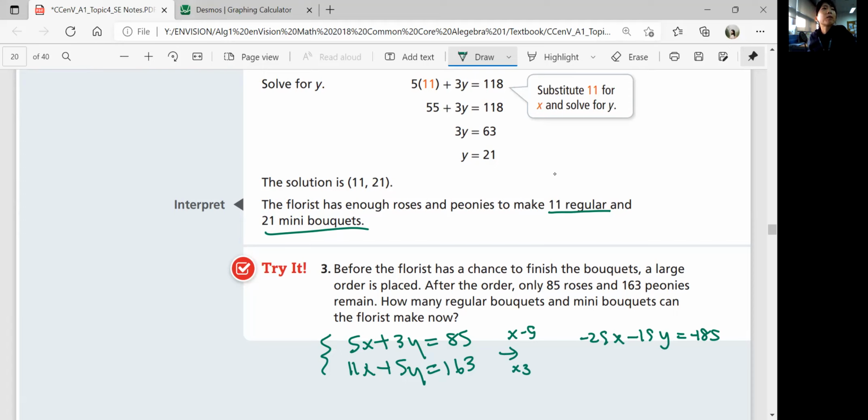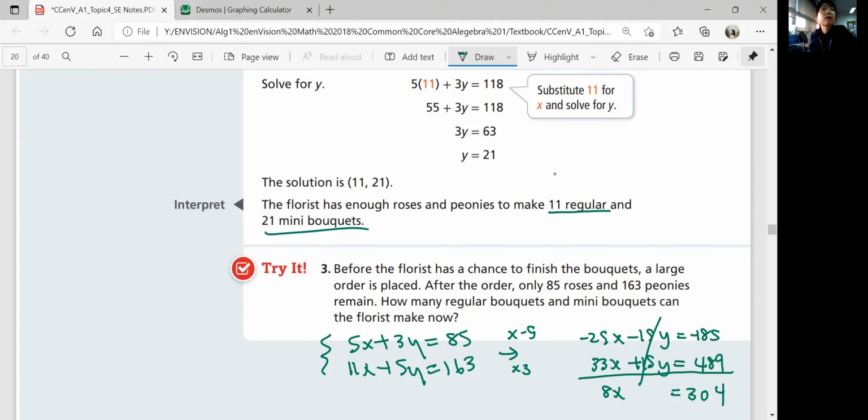Okay, and then we have times 3. We have 33x plus 15y is equal to 489. Yes. Okay, and then we add them. Y's are eliminated. X is going to be 33 minus 25, which is 8x, is equal to 304.